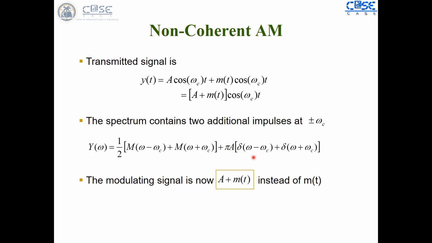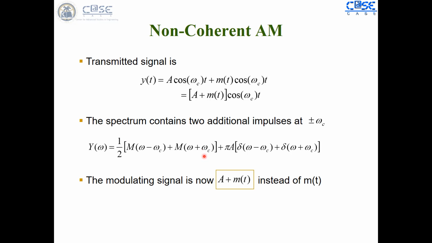These two terms in the frequency domain are extra terms. This one you are familiar with; we have already seen the modulated signal spectrum. Like I said, we are sending the carrier term along with the modulated signal, so that's why you see the carrier term's spectrum in the frequency domain as well, along with the modulated signal spectrum.